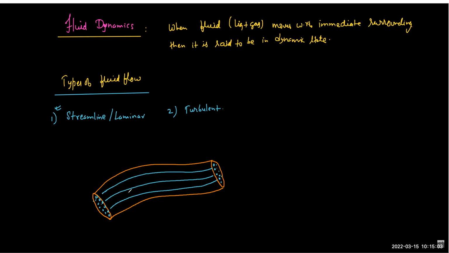These are called stream tubes. A stream tube is a small imaginary tube, and inside this single stream tube we have infinite streamlines. So you can think of a stream tube as a collection of streamlines.